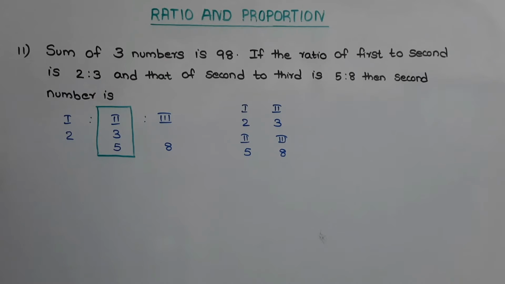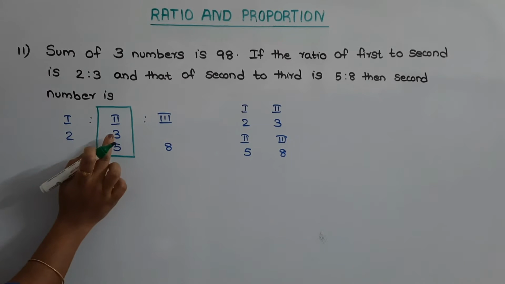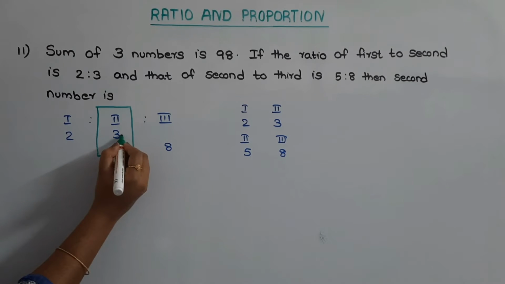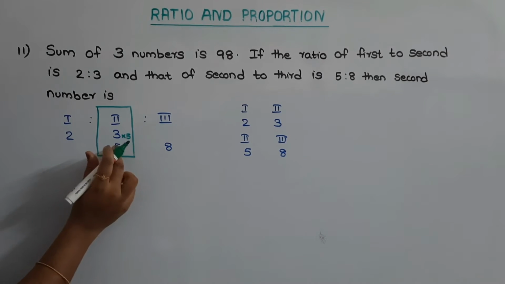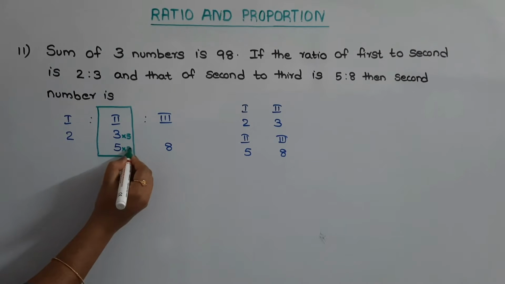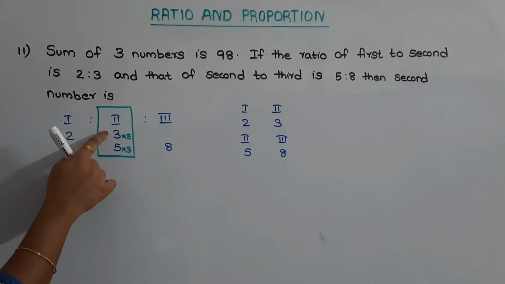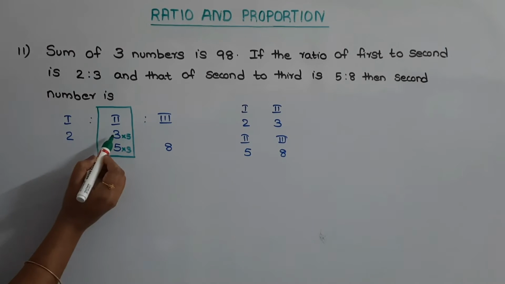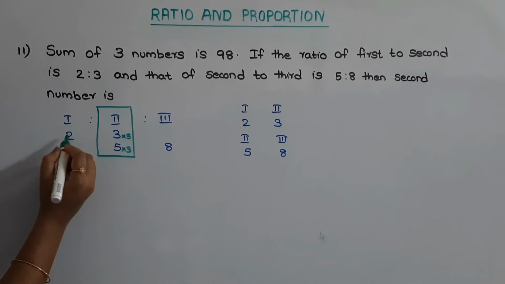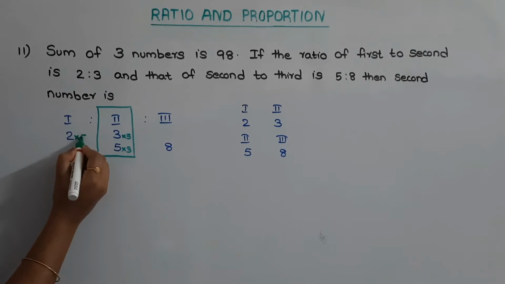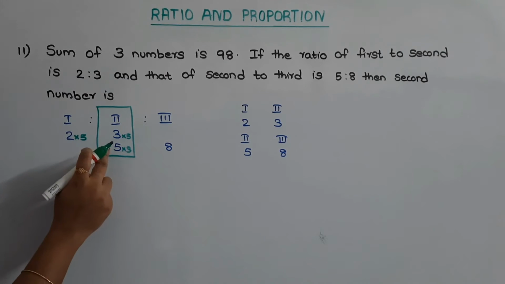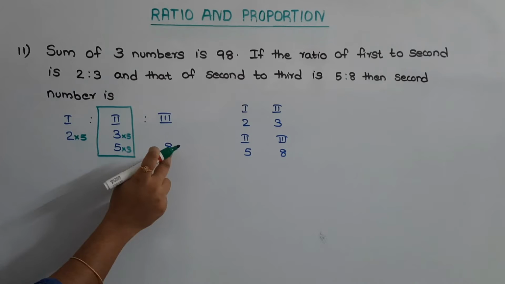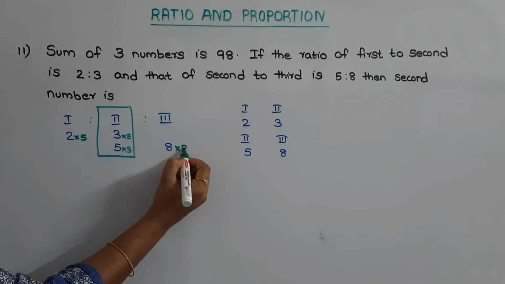For that, we need to multiply this 3 by this 5 and this 5 by this 3. So this will become 15 and this will also become 15. When we are multiplying this 3 by 5, we need to multiply this 2 also by 5. And when we are multiplying this 5 by 3, we need to multiply this 8 also by 3.